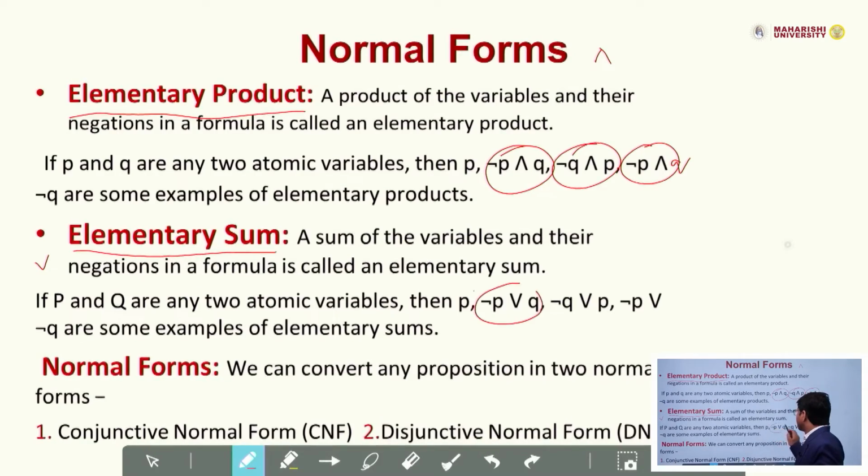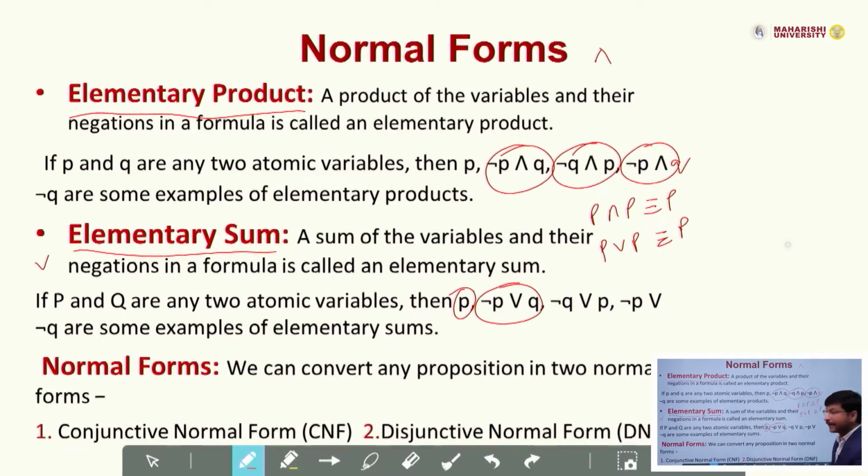For example, negation of P. P is also treated as an elementary sum as well as an elementary product, because this should be kept in mind: P and P is equivalent to P, which we have already discussed in the algebra of propositions, and P or P is equivalent to P, right? So again, P can be treated as an elementary sum as well as an elementary product.